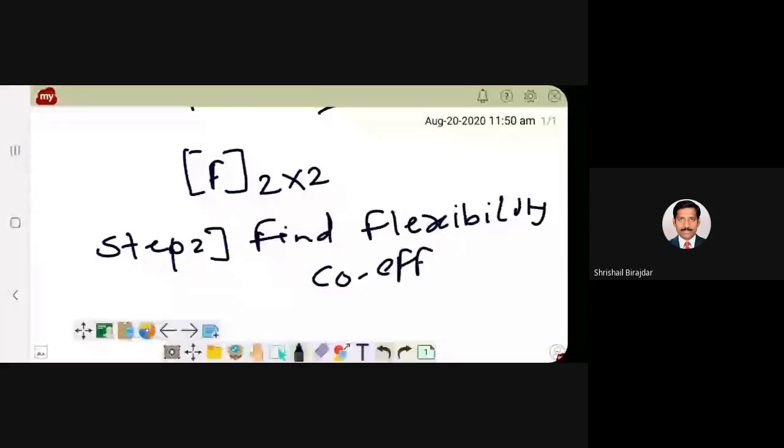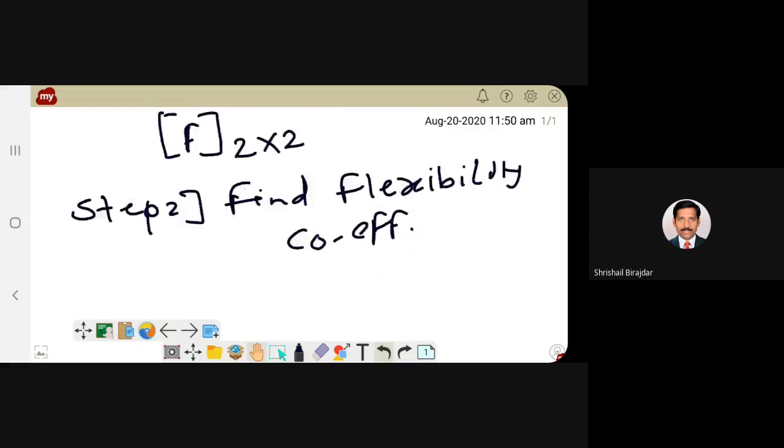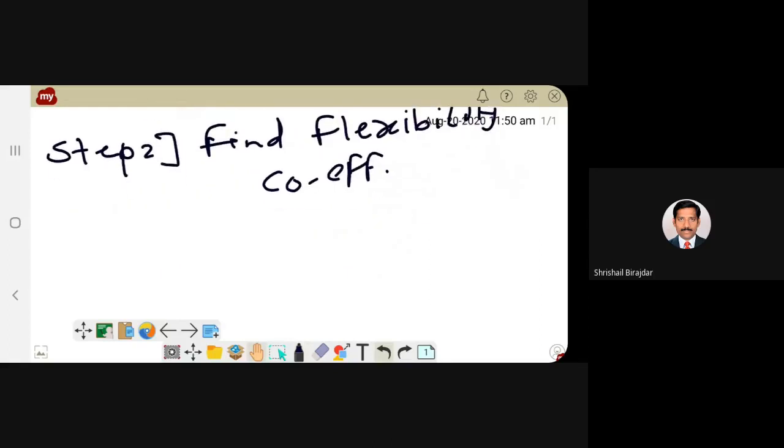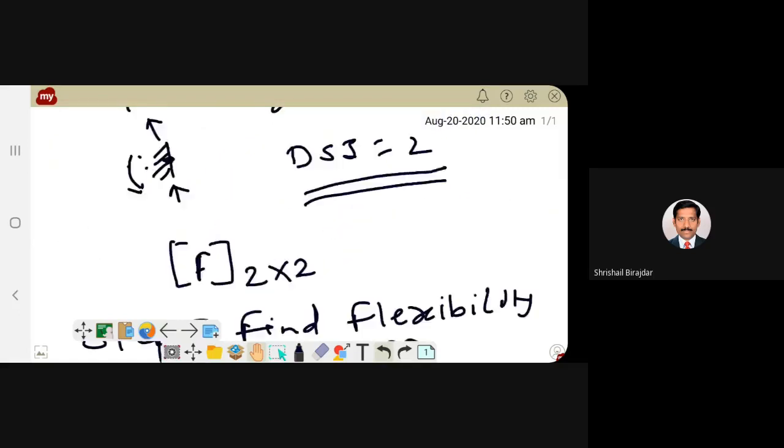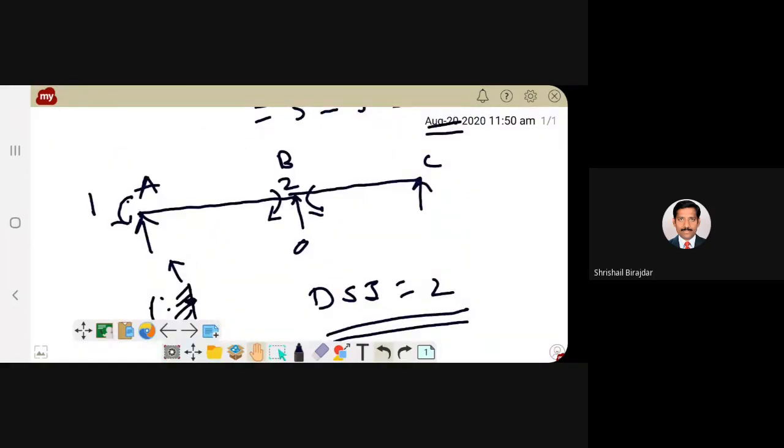Okay, flexibility coefficient. फ्लेक्झिबिलिटी कोएफिशियंट फाइंड आउट करायचं असतं काय करावं लागेल? आता रिडंडंट कुठला मी चूज केलाय परत एकदा दाखवतो. रिडंडंट बघा, या ठिकाणी 1 इथं मुवमेंट अप्लाय करायचंय आणि रिडंडंट 2 हा जास्तीचं रिएक्शन आहे बी सपोर्टला, तर ते मला रिमूव्ह करायचंय. ओके, इथला मुवमेंट रिमूव्ह केला आणि इथला सपोर्ट रिमूव्ह केला तर हा सिम्पली सपोर्टेड झाला.